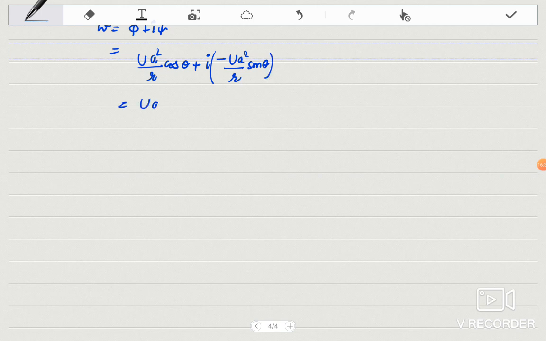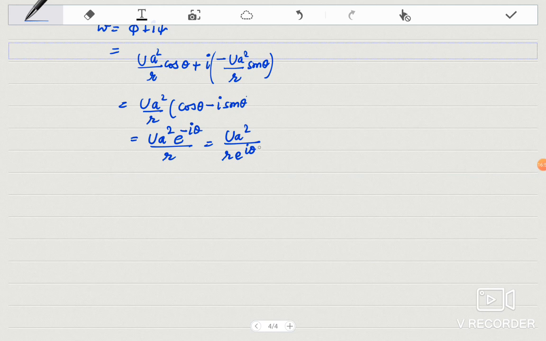You may write it as u a square upon r (cos theta minus I sin theta), which is nothing but u a square upon r e raised to the power minus I theta, that is u a square upon z.